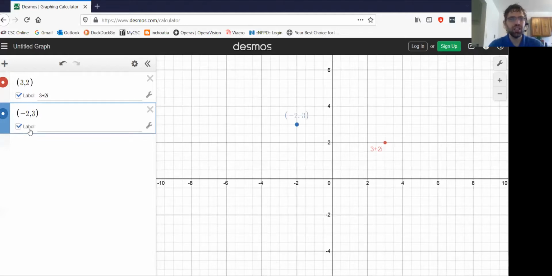And let's label it. This isn't just -2, 3. It's in fact that complex number.